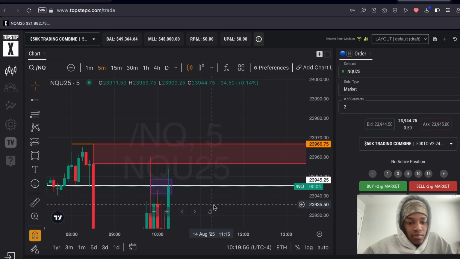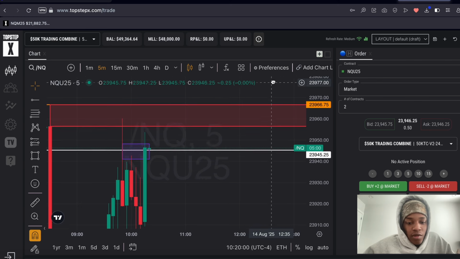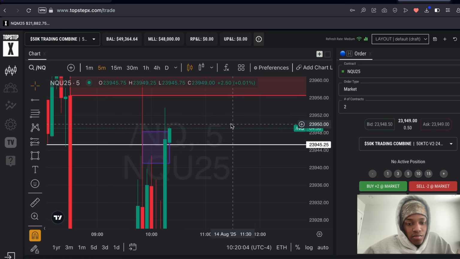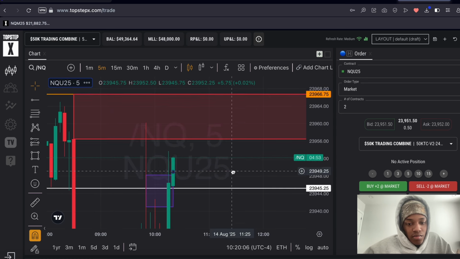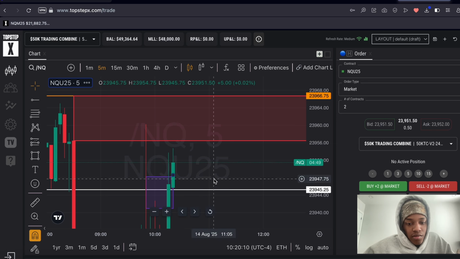Basically, we're gonna see how this goes based off of this resistance. I think I'm gonna wait for this too. I don't mind missing a lower entry, low key, rather this breaks through right here.